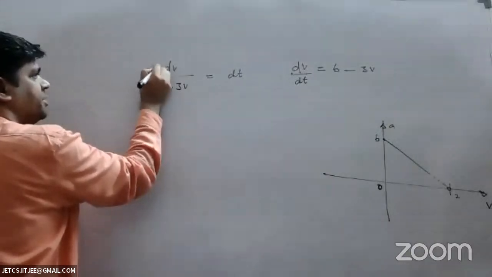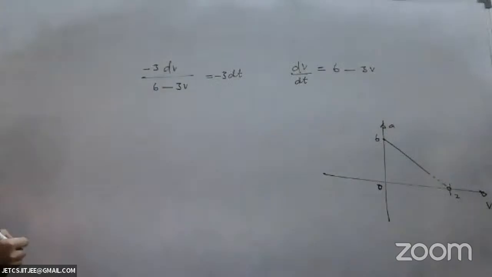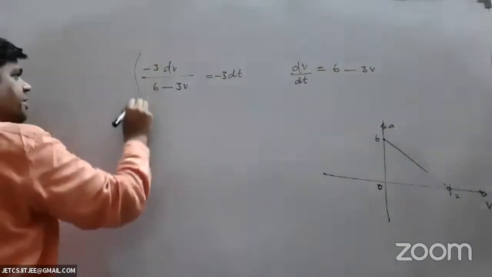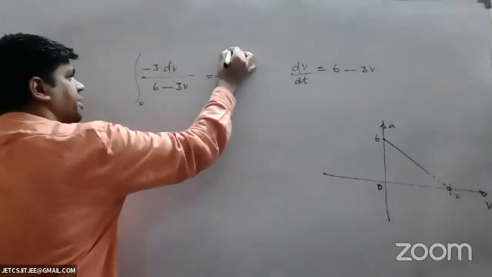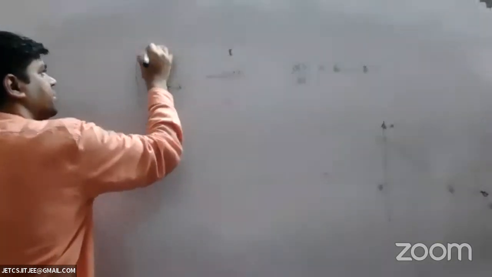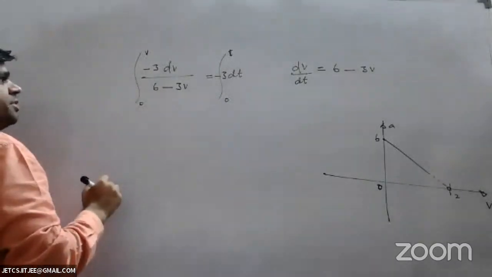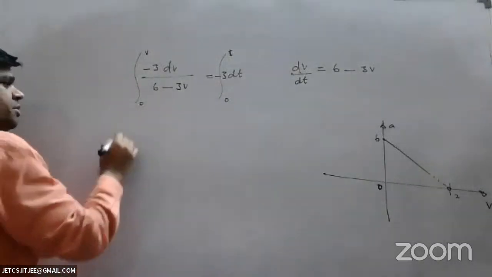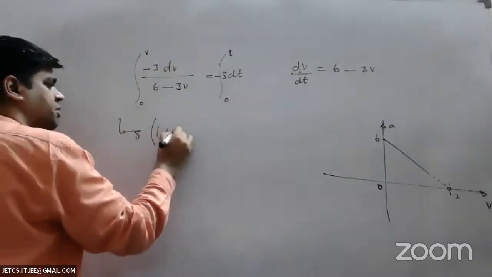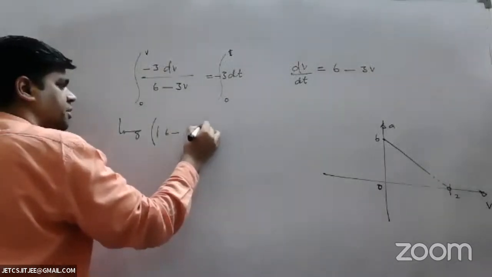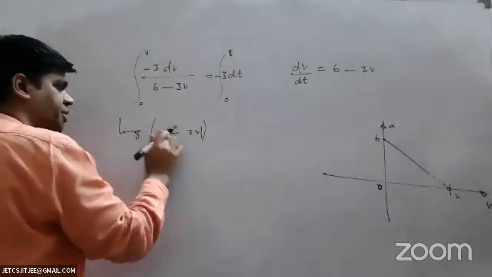Right? I multiply by minus 3 on both sides. I integrate: at t equal to 0, my velocity is 0. At t equal to t, velocity is v. So this is f dash x by fx. Log mod fx. Log mod 6 minus 3v. But because 6 minus 3v is always positive, I can remove this mod.